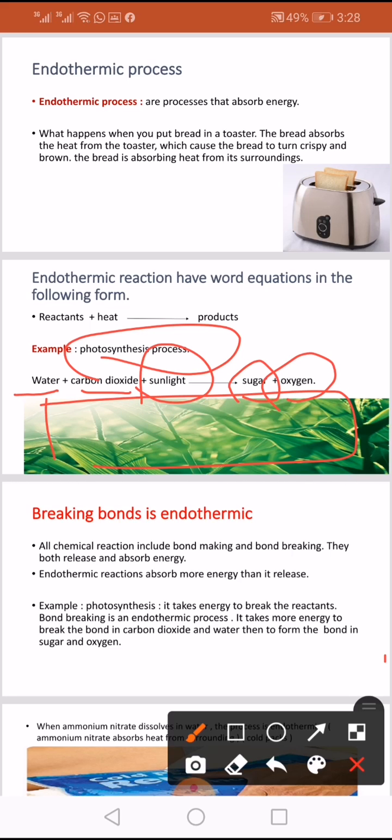So this is a reaction which is called what? Endothermic reaction. As in the reactant, the leaves or the plant absorb energy or heat which comes from sunlight.